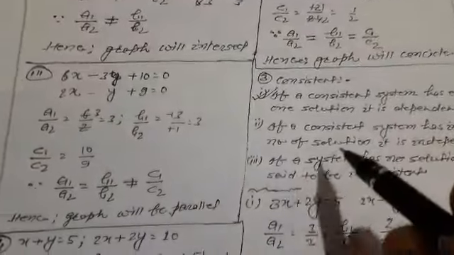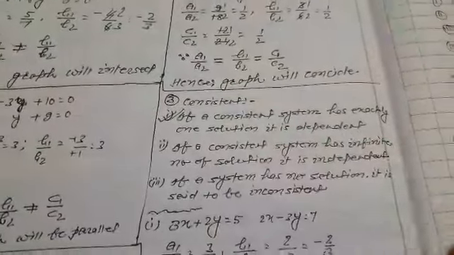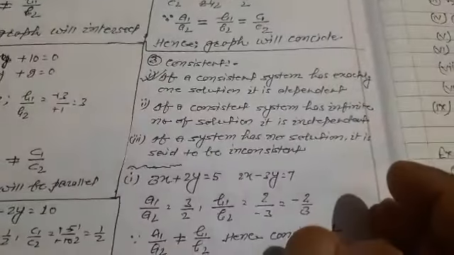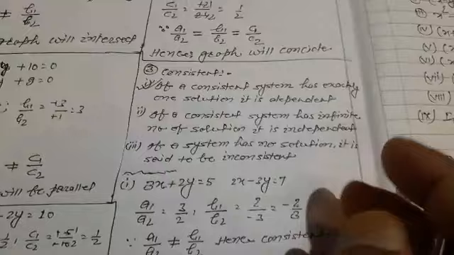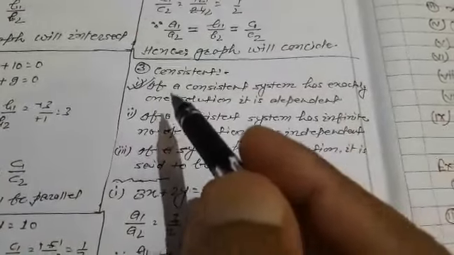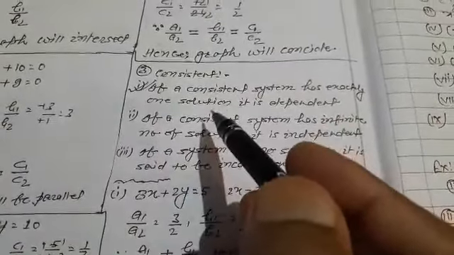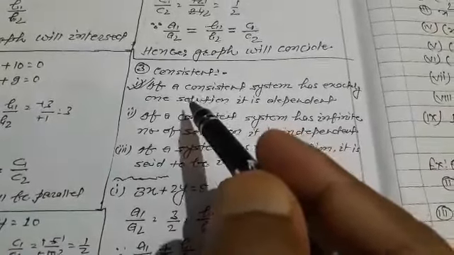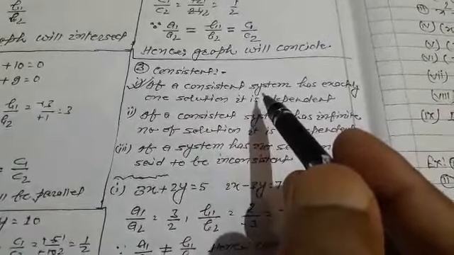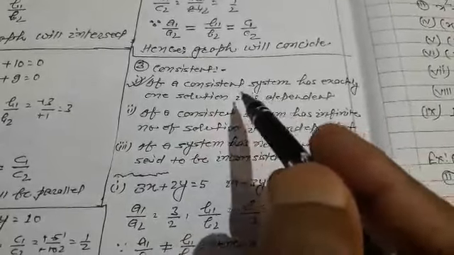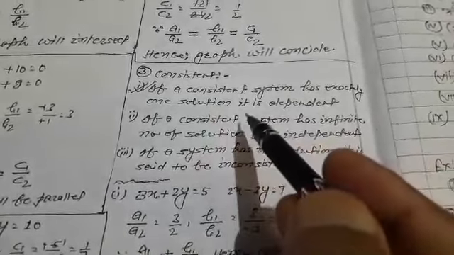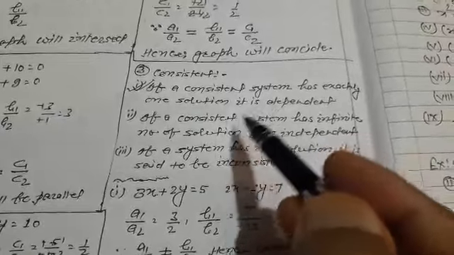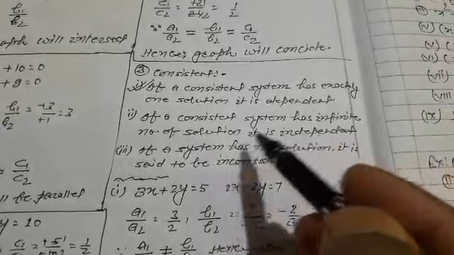Now we come to the third question. Before discussing it, there are some technical terms: consistent and inconsistent. What is consistent? A consistent system has exactly one solution, or it also has an infinite number of solutions.